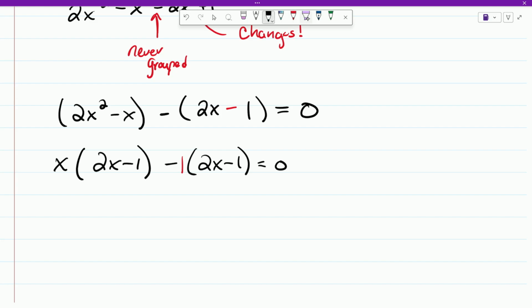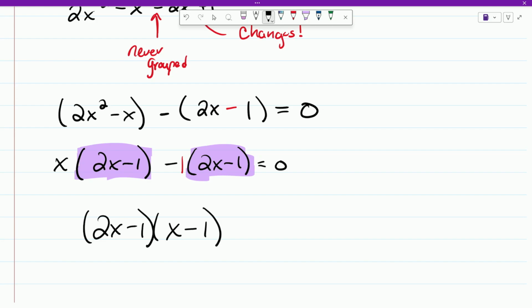Our binomials match. Let me highlight that for us. Since our binomials match, we're going to go ahead and factor 1 more time. So we're going to extract the 2x minus 1. That yields x minus 1 left over. And that equals 0. So we finally have our factored form.